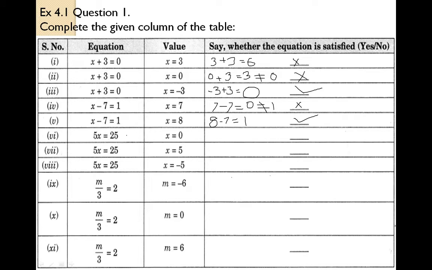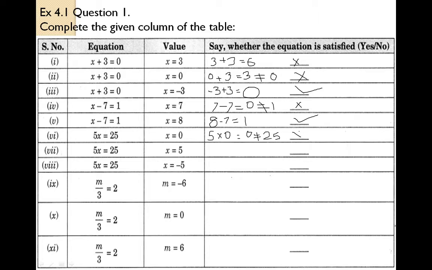5x is equal to 25. So 5x means 5 multiplied by x, and the value of x is 0. Look here at how we can solve this. 5x means 5 multiplied by x, and we put the value 0 in place of x. So 5 times 0 is 0, which is not equal to 25.